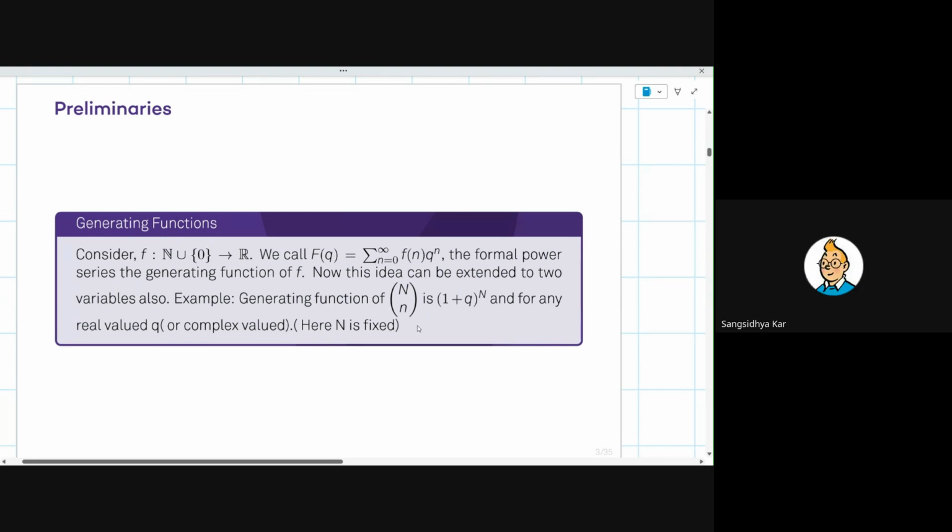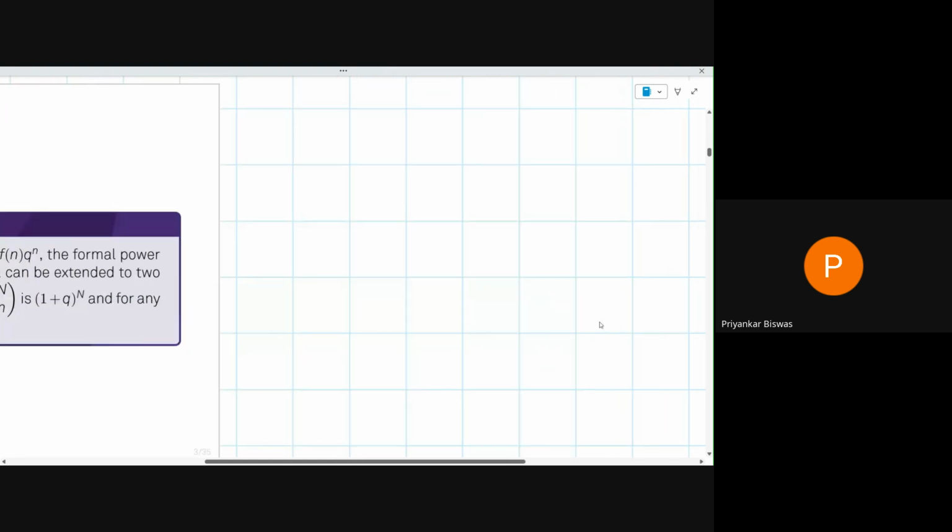Is there an example of a generating function for the partition function? I heard that there is a generating function for partitions. Yes, there is a generating function of partitions. The partition function has the generating function the product of 1 over 1 minus q to the power n, for n equals 1 to infinity.